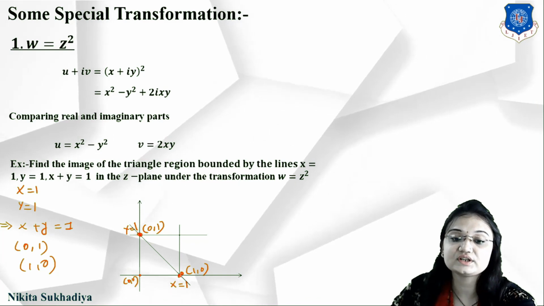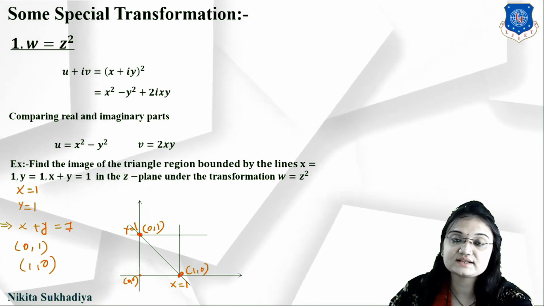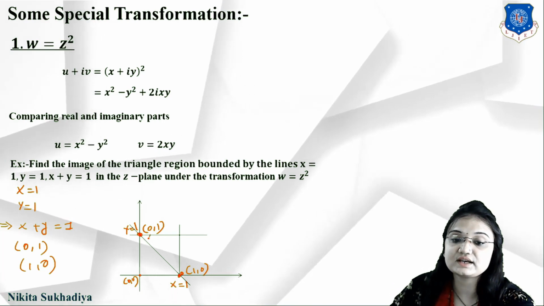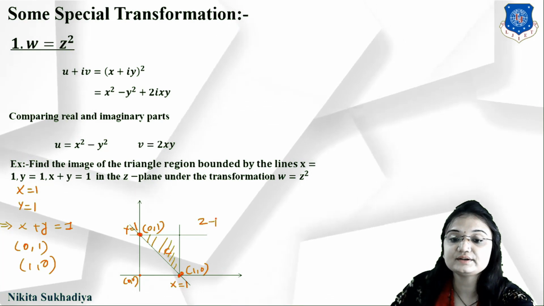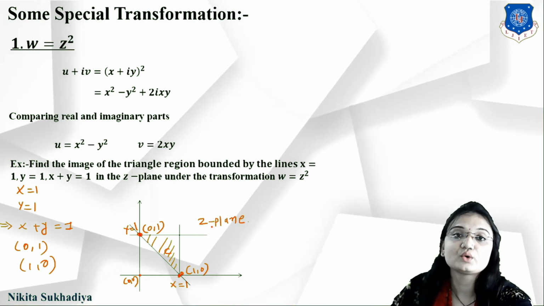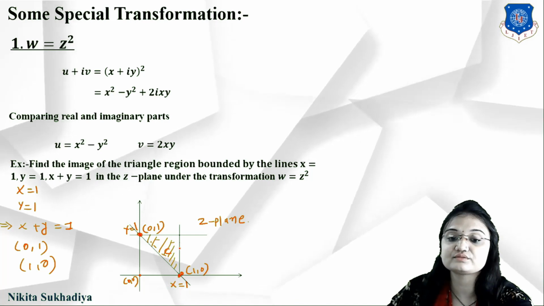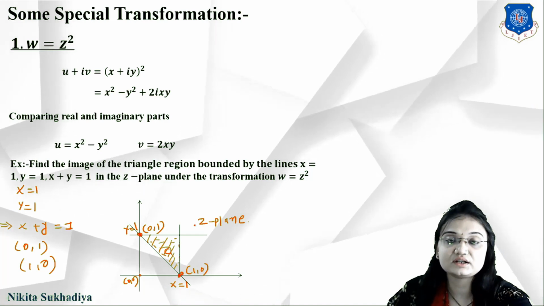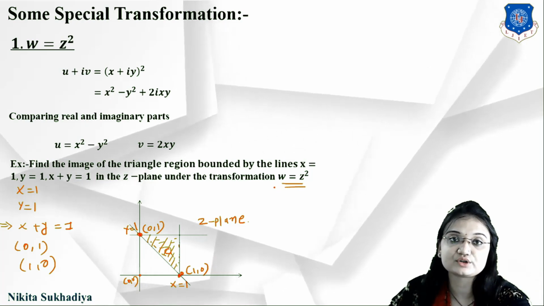By joining these 2 points we get the third line, x plus y is equal to 1. This is the area called region C in the Z plane. Here we have to find the image of this region bounded by these 3 lines with the help of the transformation W is equal to Z squared.